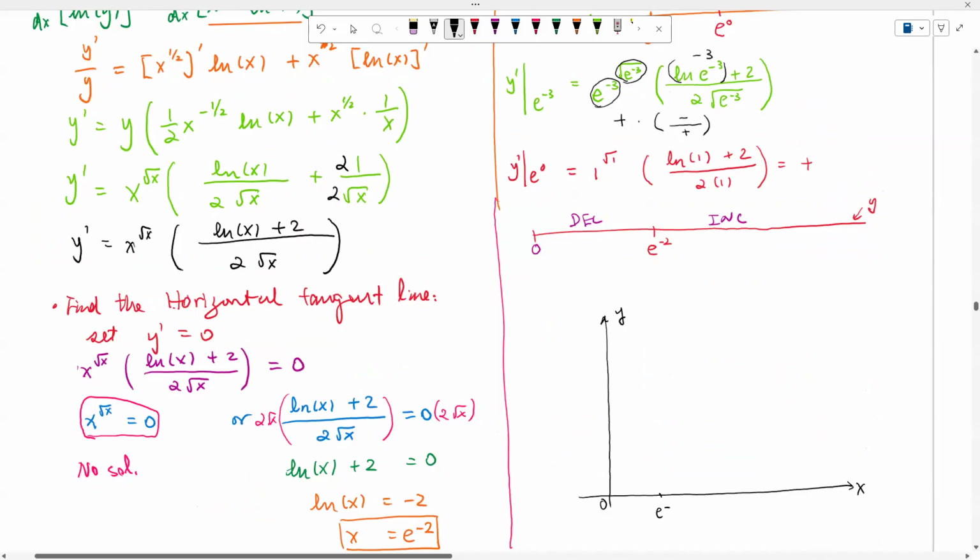Then I have e to the negative 2. If we take the limit as x approaches 0 from the right-hand side of x to the square root of x, the answer is really close to 1. So we start with 1, and now we could sketch the function, and it's not a straight line.